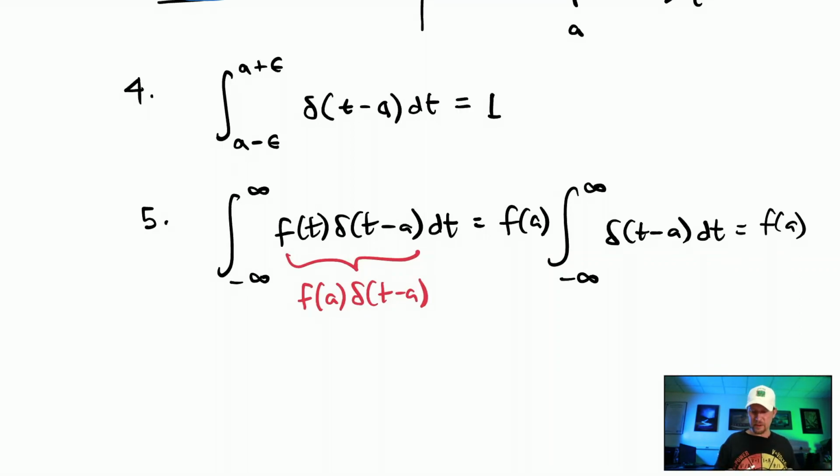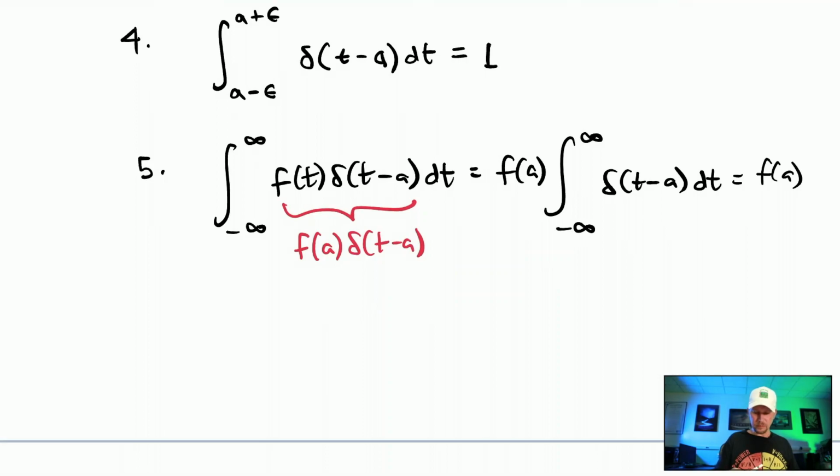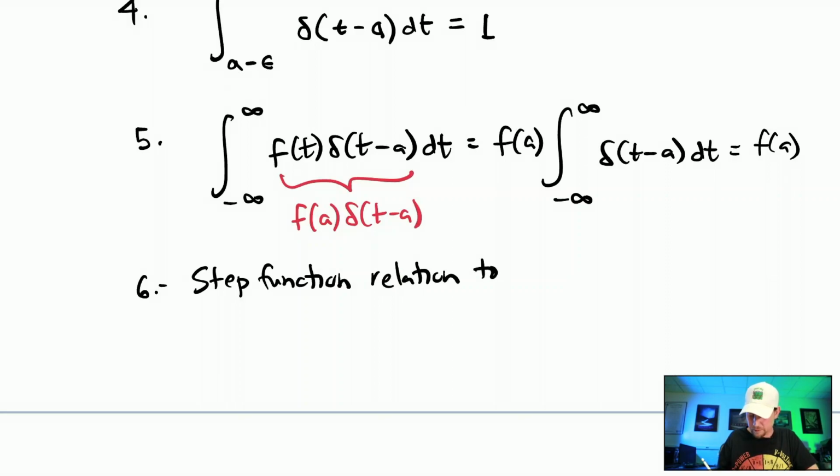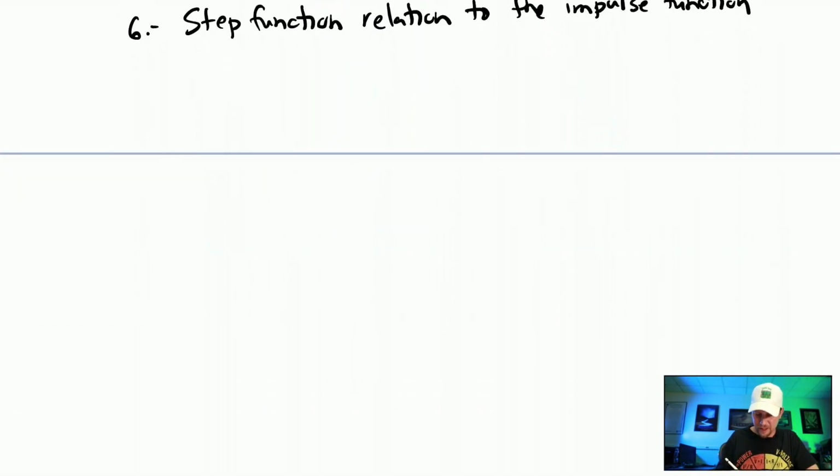The last thing that I want to say about the impulse function is that it is intimately related to the step function. So let's go back and take a look at this function.